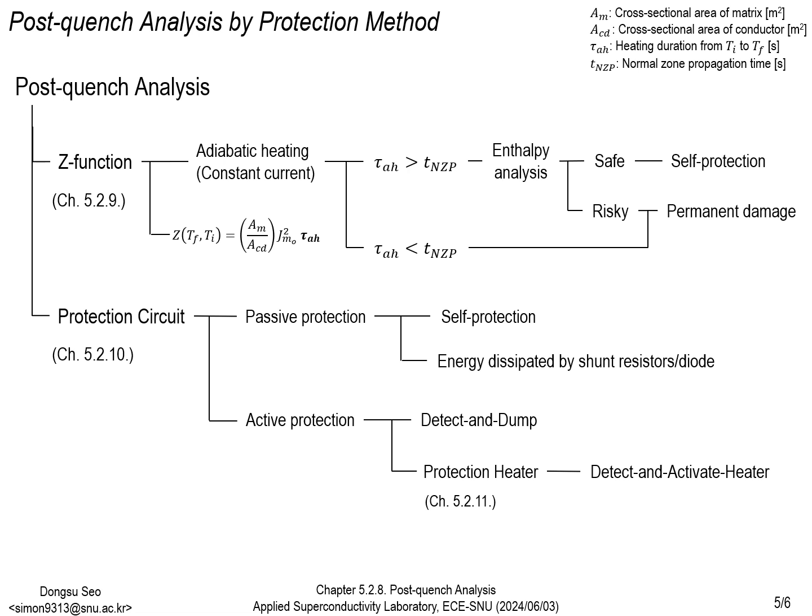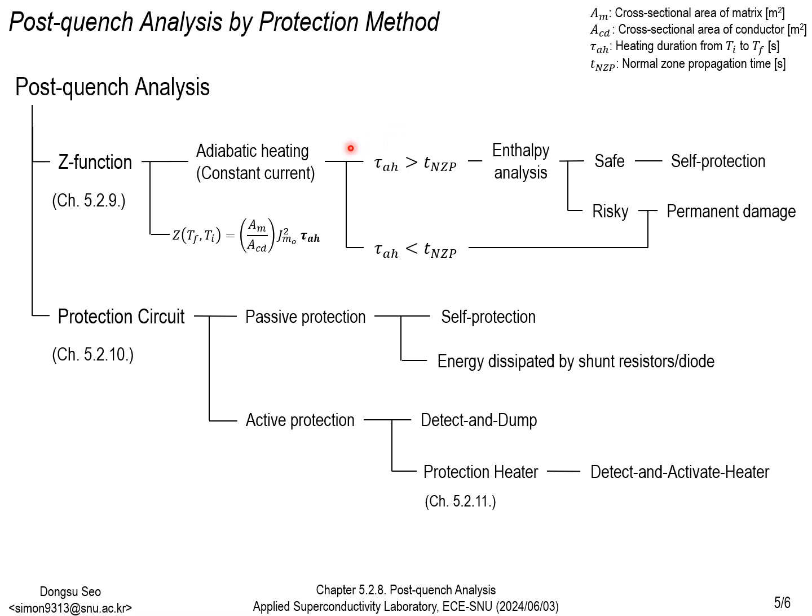Finally, we introduce the magnet protection methods for the post-quench analysis, which will be covered in the following lectures. First is the Z-function. A physical quantity required for temperature rises from initial to final temperature in the adiabatic heating under constant current. Z-function has an equation, and the critical point is tau Ah, which is the heating duration from initial to final temperature.